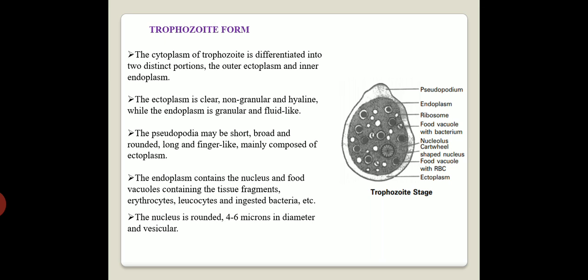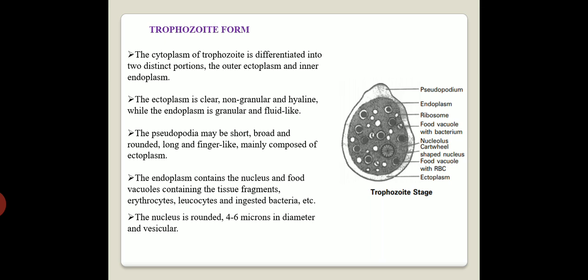The pseudopodium, which is a locomotory organ, may be short, broad and rounded, or long and finger-like, mainly composed of ectoplasm. The endoplasm contains the nucleus and food vacuoles containing tissue fragments, erythrocytes, leukocytes and ingested bacteria, etc.